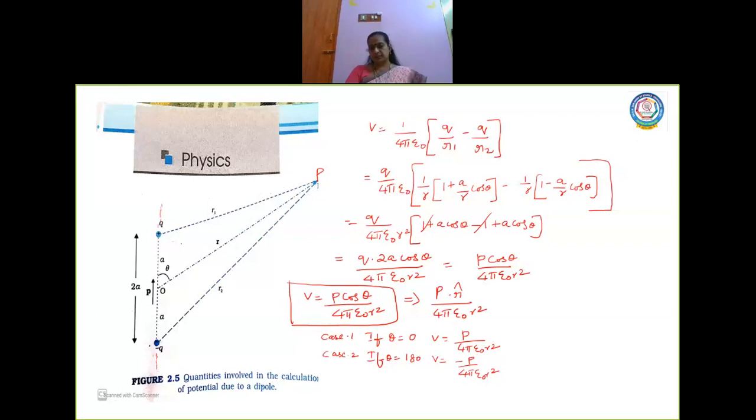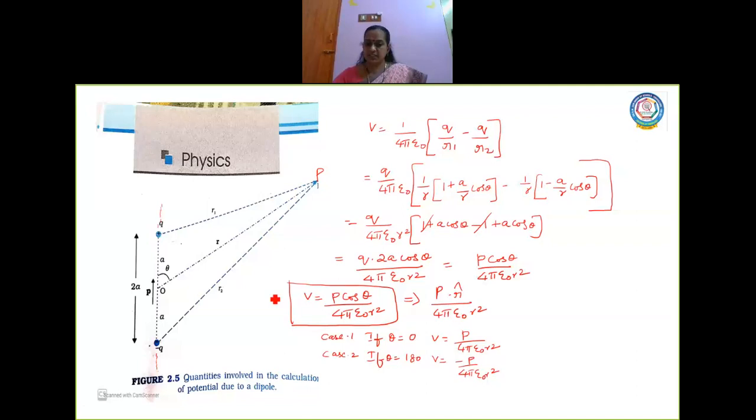If it is near plus Q, then potential is plus P by 4 pi epsilon naught R square. If the point P is near minus Q, then the potential is minus P by 4 pi epsilon naught R square, or I can write V is equal to plus or minus P by 4 pi epsilon naught R square if the point P is along the axis of the dipole.